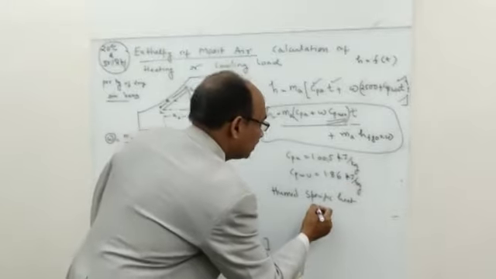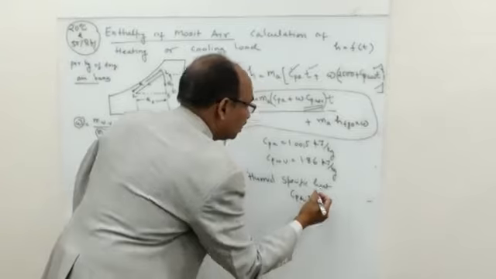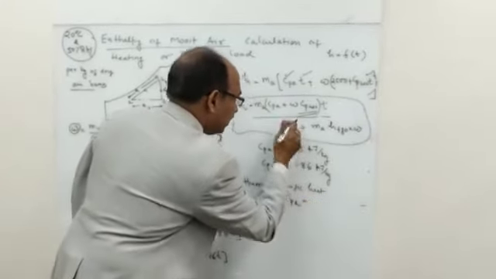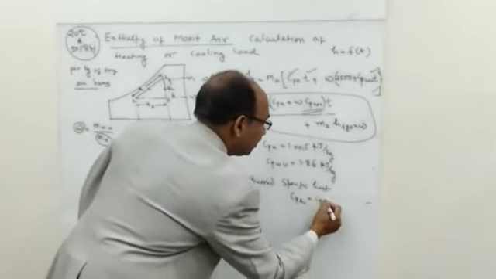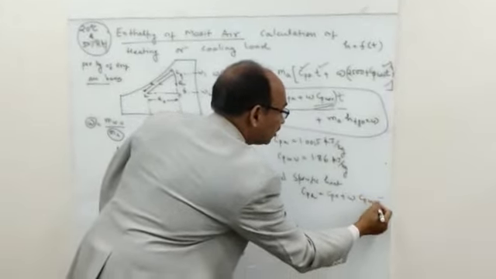Humid specific heat CPH is the summation of CPA plus omega Cp water vapor.